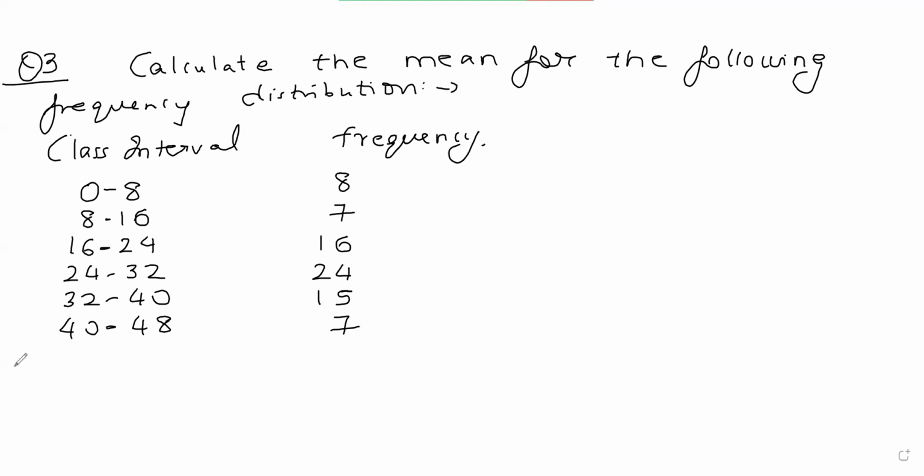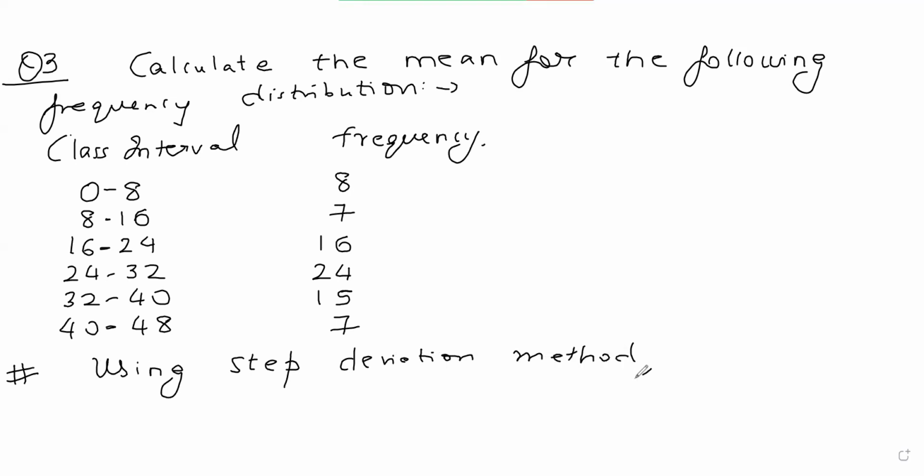Again, let's use the step deviation method. That's the best. Using the step deviation method, x bar is going to be assumed mean plus summation fd dash by n times I. Now first we find the midpoints, because then we are going to assume the mean from those midpoints.